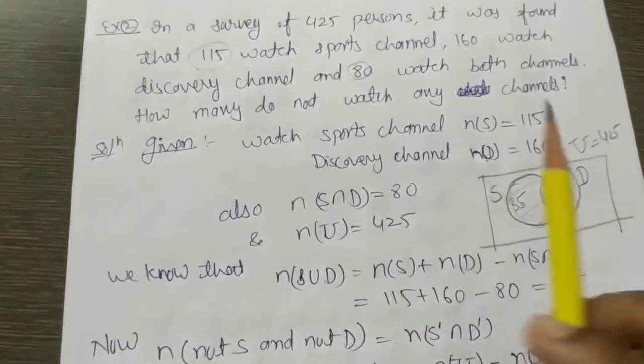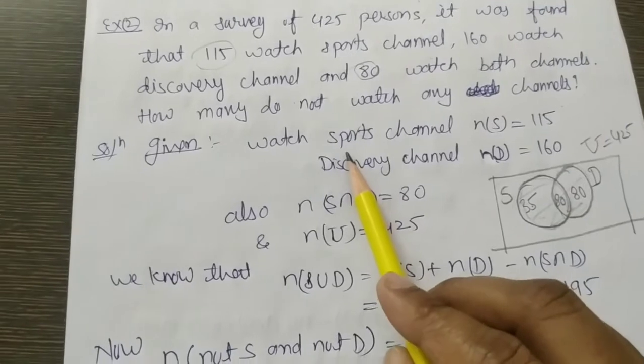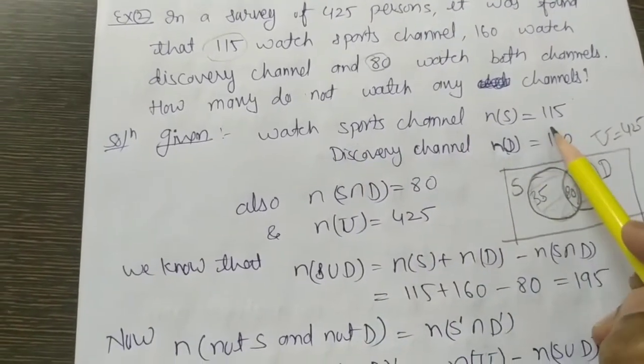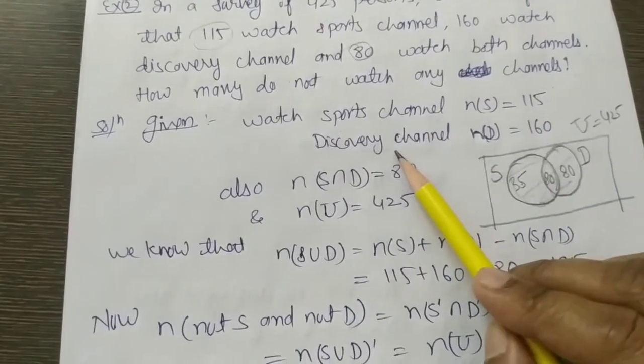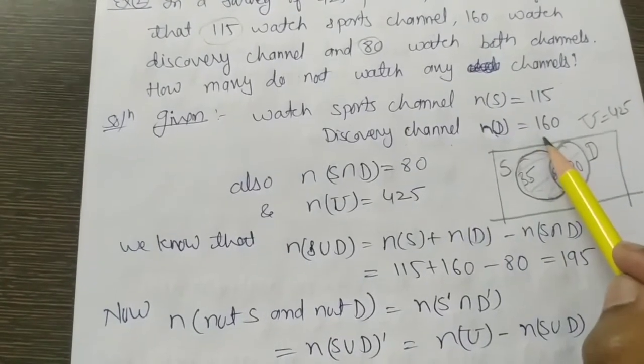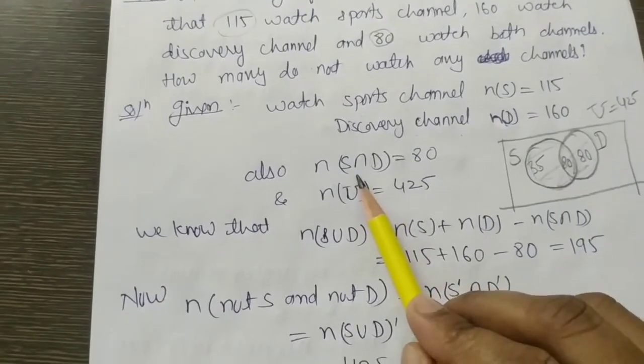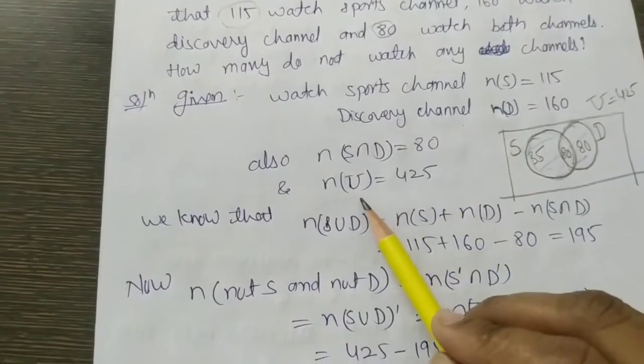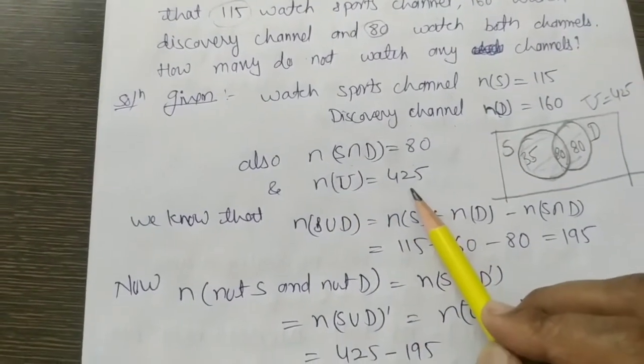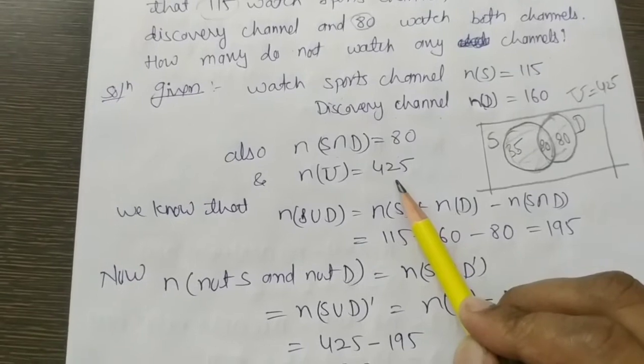Now, the sports channel is watched by 115 persons. Discovery channel is watched by 160 persons. In the intersection we have 80 persons. In the universal set we have 425 persons.